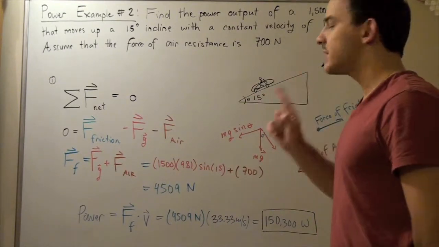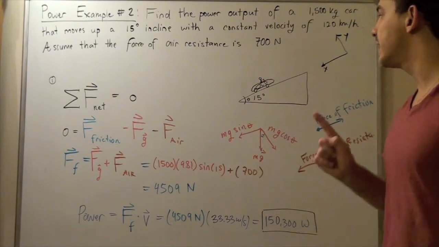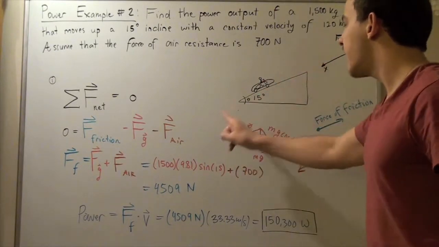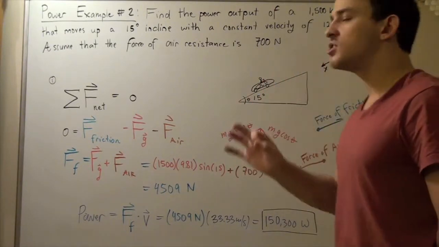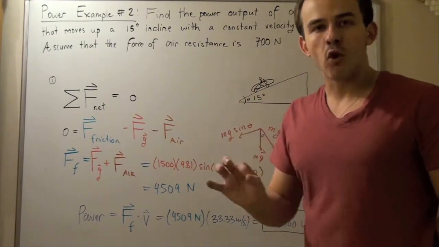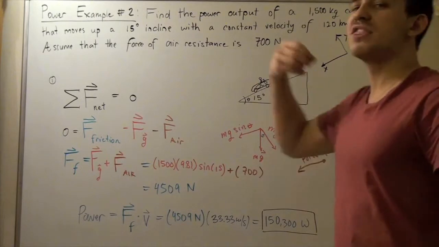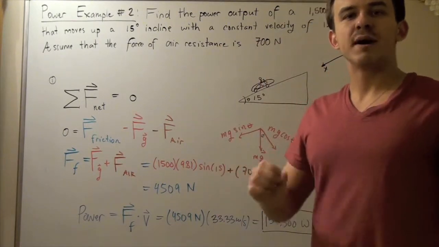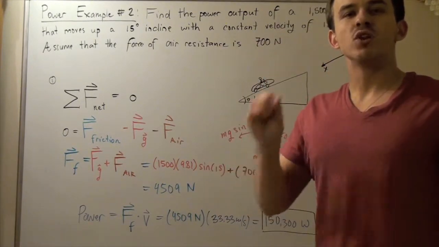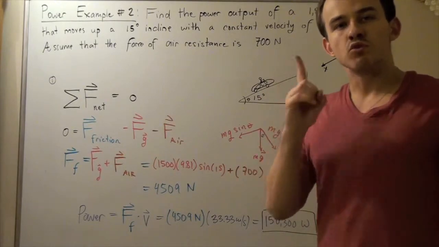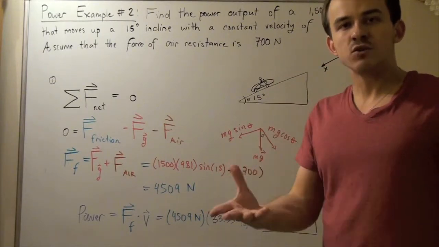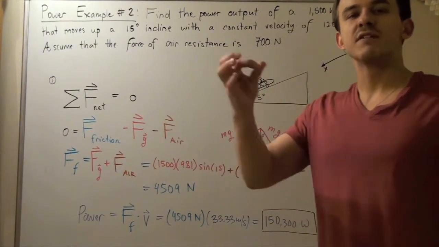So our first step is to find all the forces acting on our car along the x-axis. And then once we find our force that's pointing in this direction, we can use that force multiplied by the velocity, and that will give us the power output. Remember, the power equals our force times our velocity.